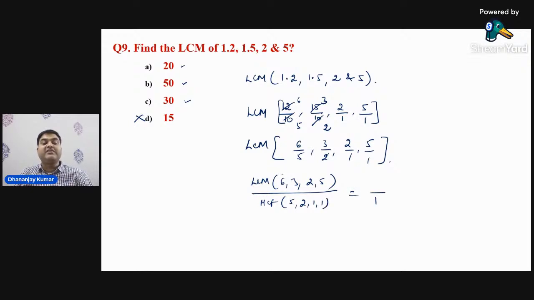What is the LCM? Take the highest two numbers, 5 and 6. Because 5 is a prime number and 6 and 5 have no common factor, always multiply. 6 into 5 is 30, and I'm checking whether 3 can divide 30. Yes. 2 can also divide 30. Yes. So 30 is going to be the LCM. So the LCM of these complete numbers is going to be 30, which is the right answer.